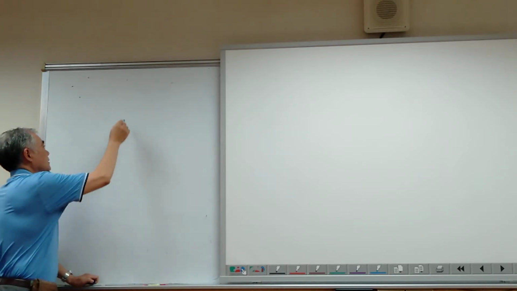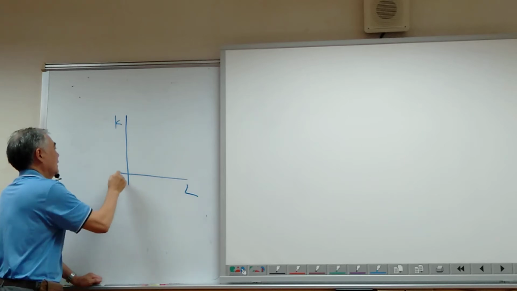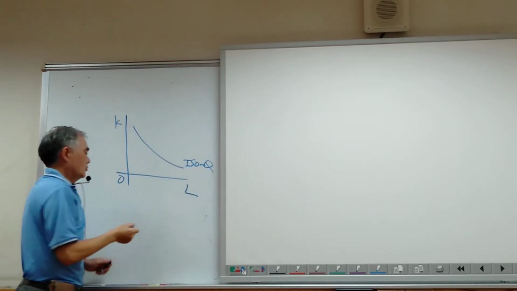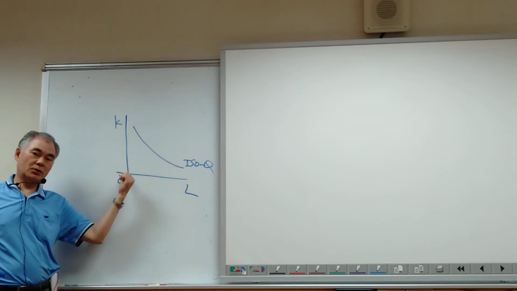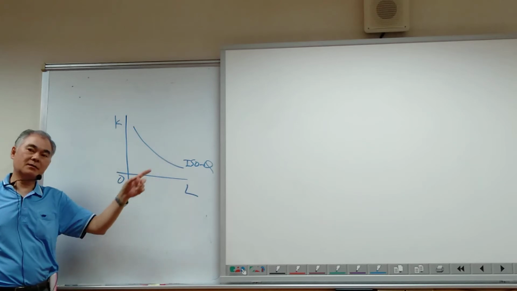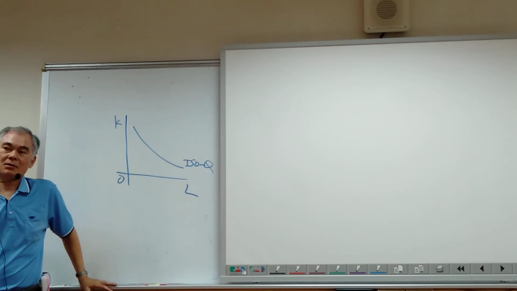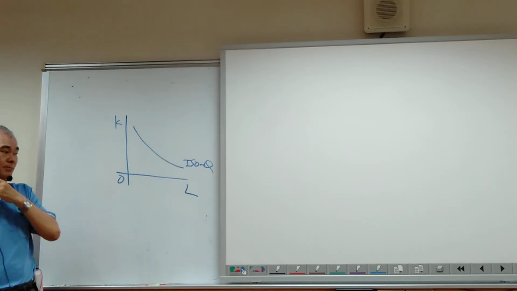Okay, usually, suppose this is L and this is capital. This is what we call an isoquant. Generally it's like this, convex to the origin. If it is something like this, we know one law applies: decreasing returns of marginal product, decreasing marginal product.